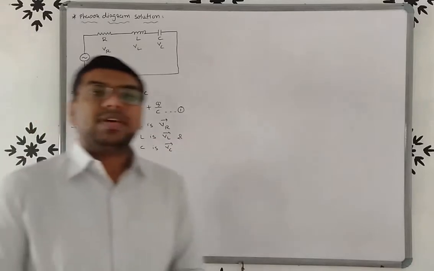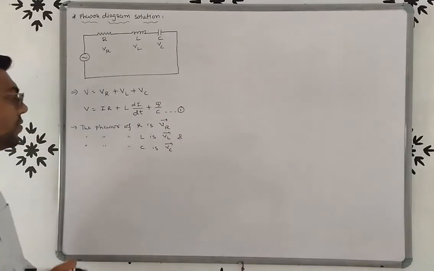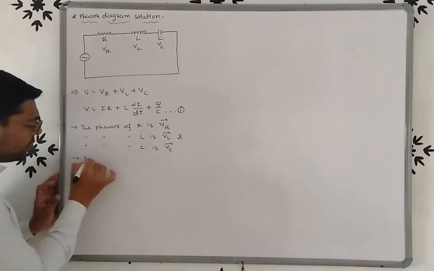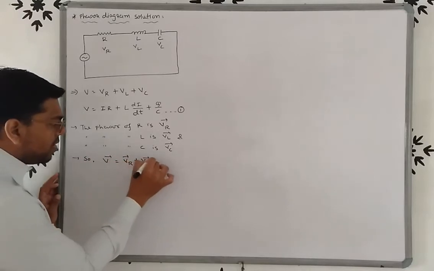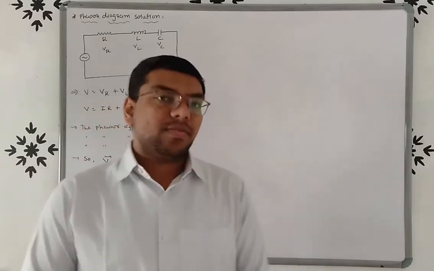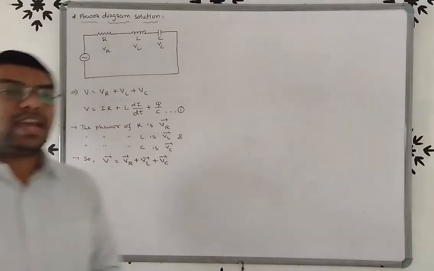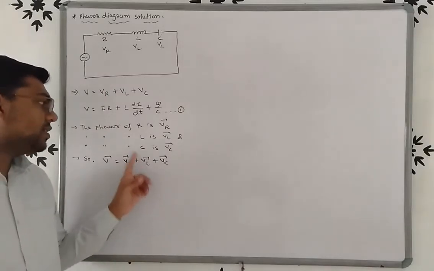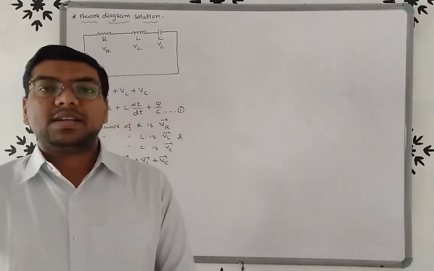So we can write the phasor of potential V is equal to VR plus VL plus VC, right? Where VR is the phasor of the resistor, VL is the phasor of the inductor and VC is the phasor of the capacitor.